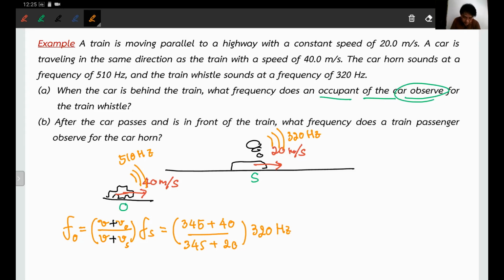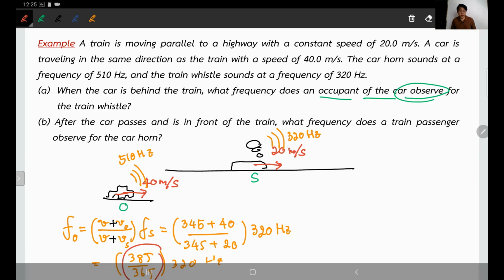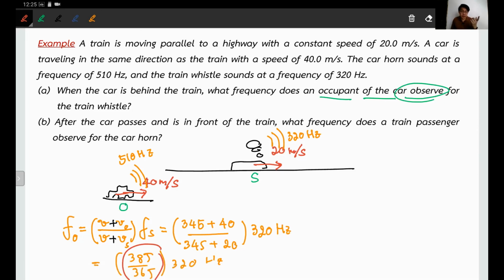The reason we don't have to worry about it is, look at this number. The good thing about this calculation is that when you look at this ratio right here, the ratio is greater than 1. What does it mean? It means the occupant of the car will hear a higher frequency sound due to the movement of the car relative to the train.